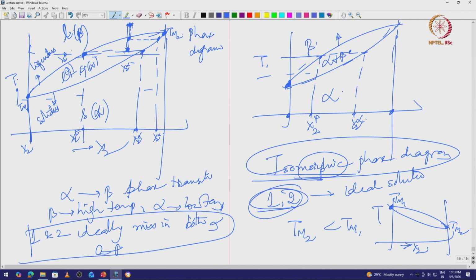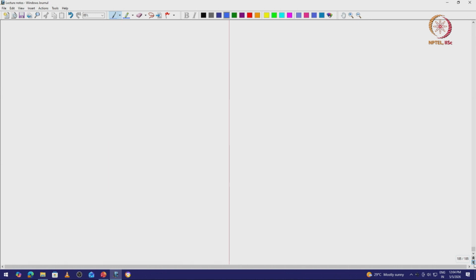So these are the so called isomorphic phase diagrams where the liquidus and solidus give you the locus of the composition of the alpha and beta phases. So this is for the beta phase, this is for the alpha phase once you start cooling the material. So once you are in the phase mixture, alright, good.